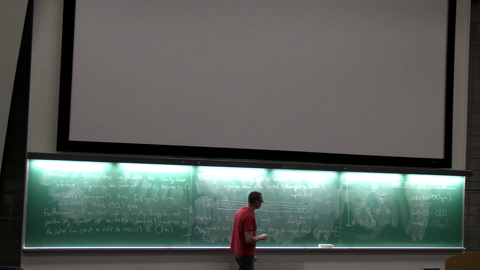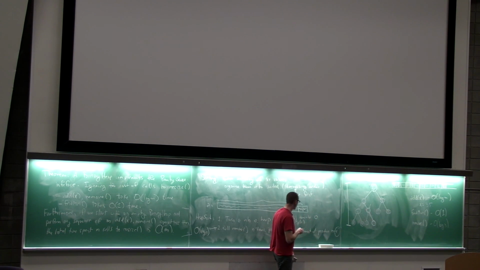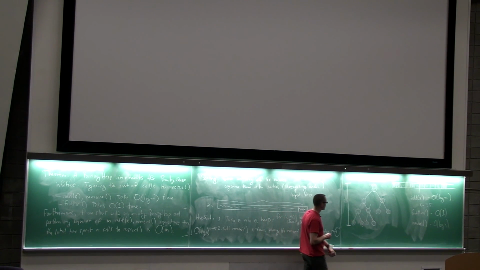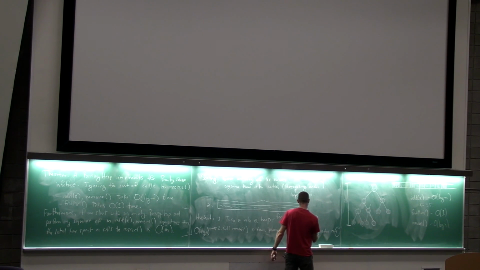Okay, and heapify takes O of log n time, because it just takes this value and pushes it down at most log n places. So this takes O of log n time.